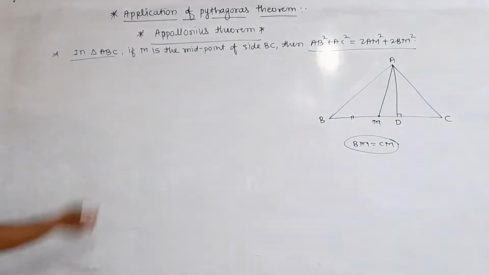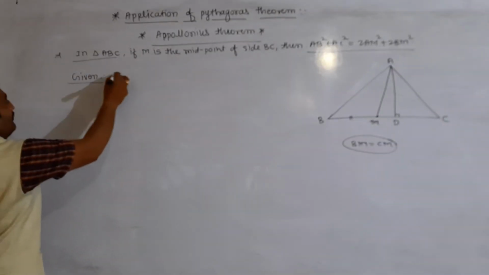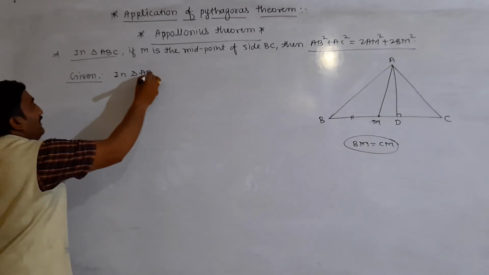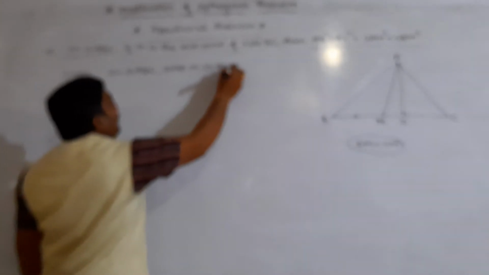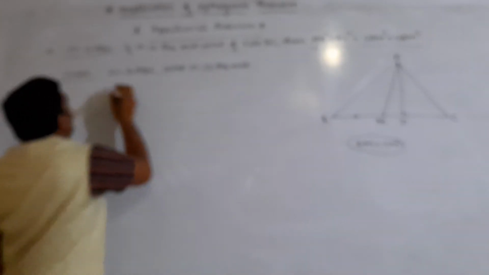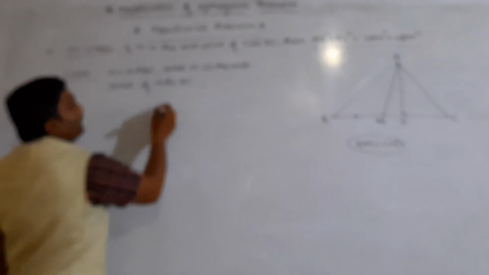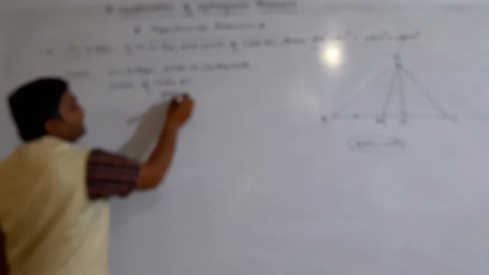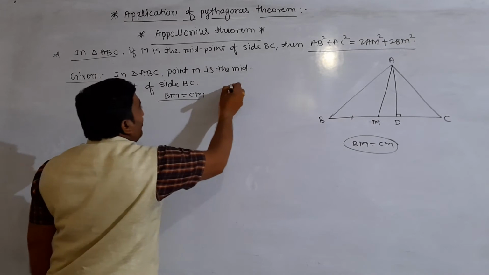So the given is: in triangle ABC, point M is the midpoint of side BC. It means BM is equal to CM. Remember that. This is given.